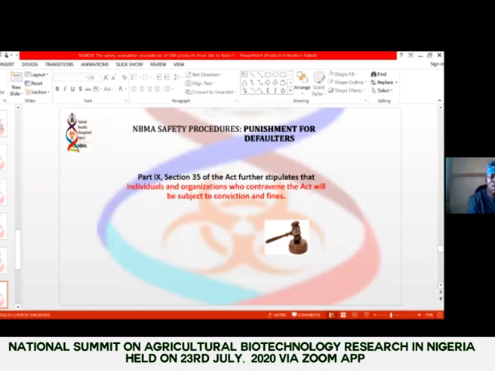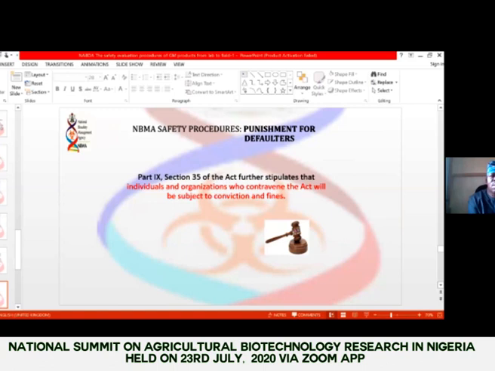Once there is a violation of the terms and conditions granted to a permit holder, there are consequences. These consequences are prescribed in the Act. Part 9 of the Act and Section 35 of the Act further stipulate that individuals and organizations who contravene the NBMA Act 2015 will be subject to conviction.